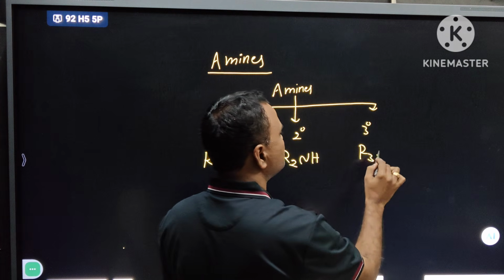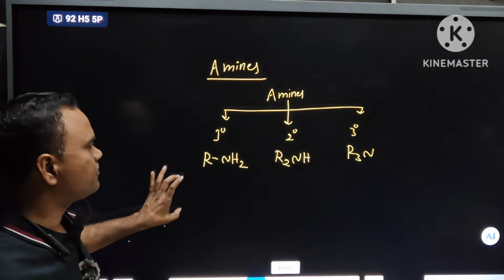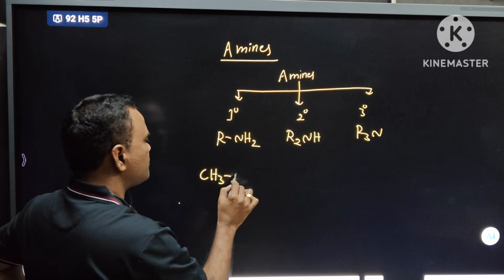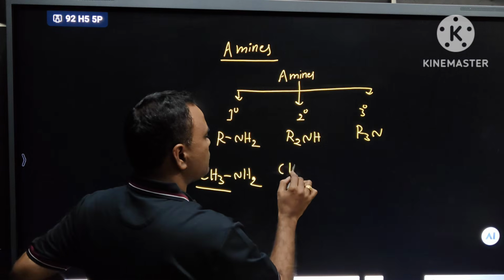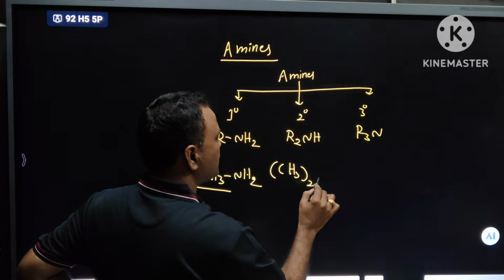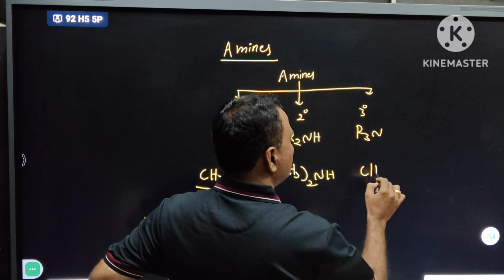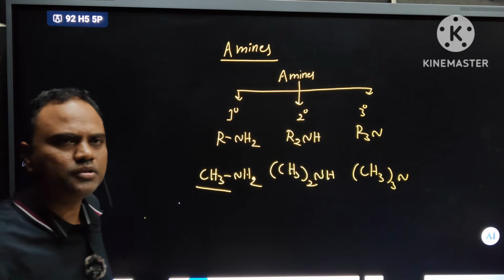If three alkyl groups are present, that is a tertiary amine. See the example: CH3NH2 is a primary amine, because there is one alkyl group. Two alkyl groups, CH3 taken twice, NH. Three CH3 taken thrice, N, tertiary amine.